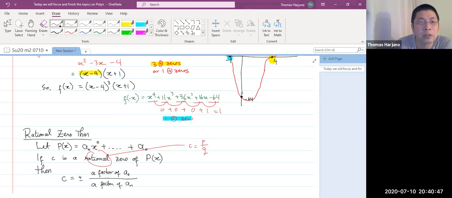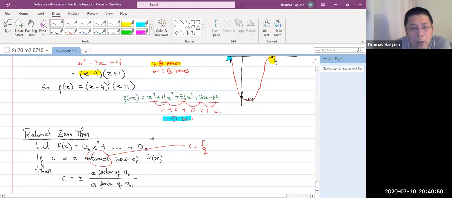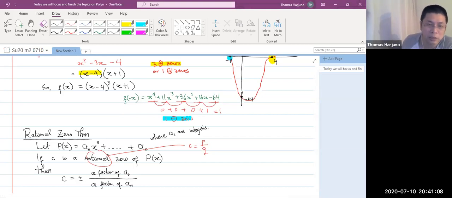I forgot to say this: where the coefficients a sub i are integers. So all the coefficients are integers. If the polynomial has all integer coefficients, and c is a zero which can be written as a fraction, then the zero must be a factor of the constant term divided by a factor of the leading coefficient.